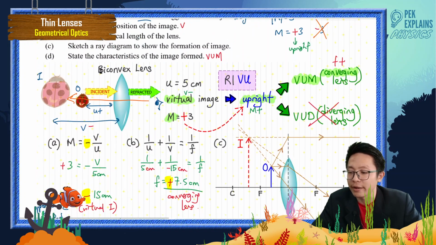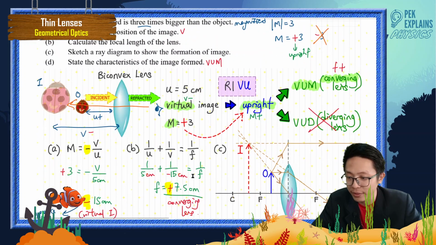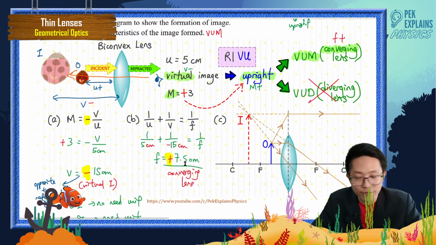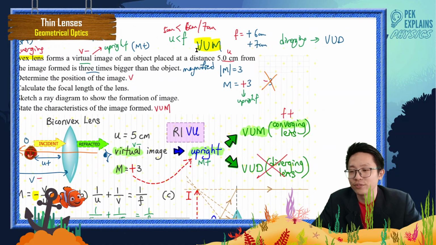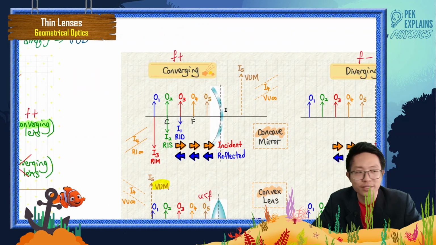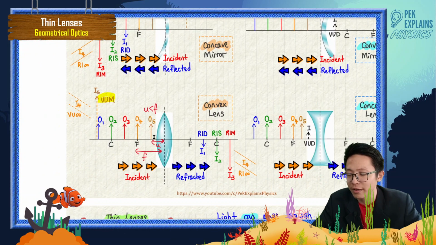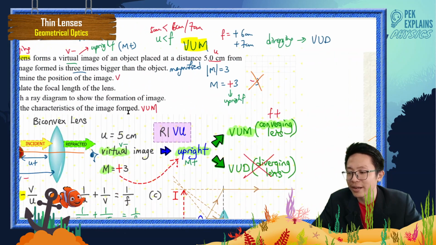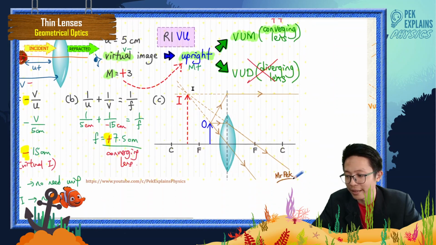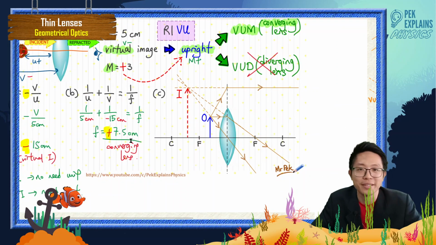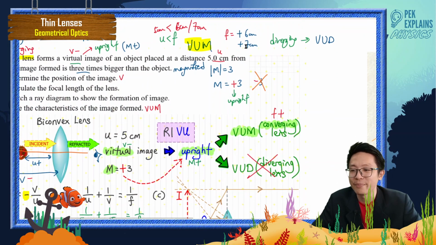Now, sketch a ray diagram. So my guess is correct. My f is 7.5 cm, bigger than the 5 cm, to form the virtual upright magnified image, the object must be very near to the lens. So my guess is correct: my focal length is more than 5 cm, 6 or 7, and I get the answer 7.5 cm.